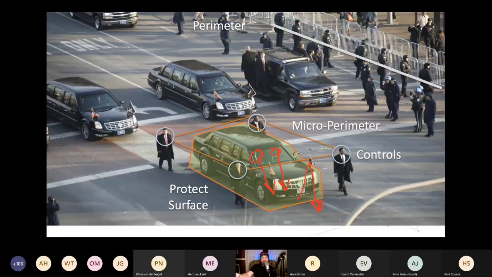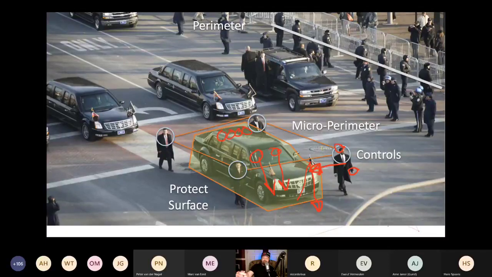If you've ever been, probably none of you have been around a Secret Service detail, but these people here, they are very intense, and they care about one thing: protecting this protect surface, right? And so if we look at this Secret Service agent here, he does not have his hands in his pockets. He does not have a hat on. His coat isn't buttoned. Why? Because he has a control underneath his jacket where he's going to enforce this deny all policy.